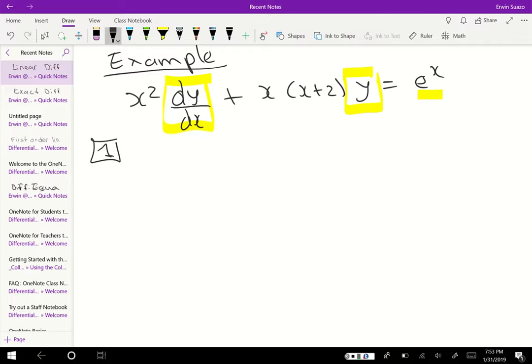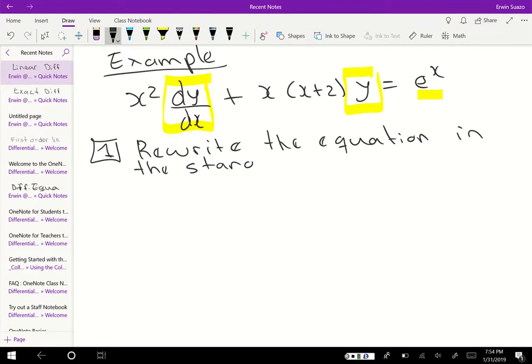So we'll see. The first step is to rewrite the equation in the standard form. In the standard form, this is dy/dx plus p of x times y equals f of x.